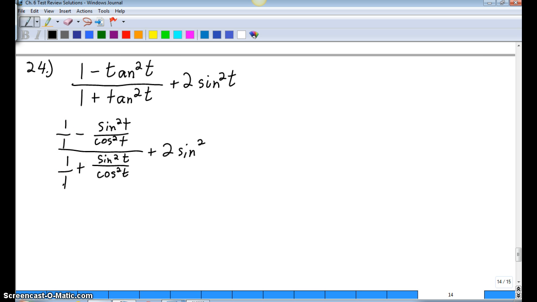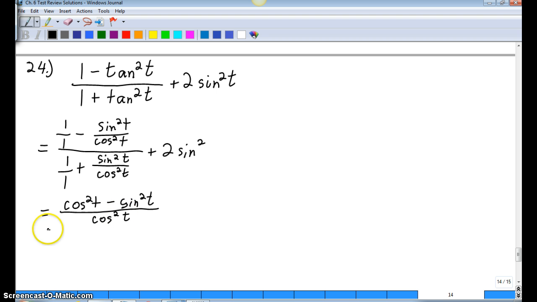Now we have two fractions, and we need common denominators. So 1 over 1 we need to multiply by cosine squared, minus sine squared t all over cosine squared.